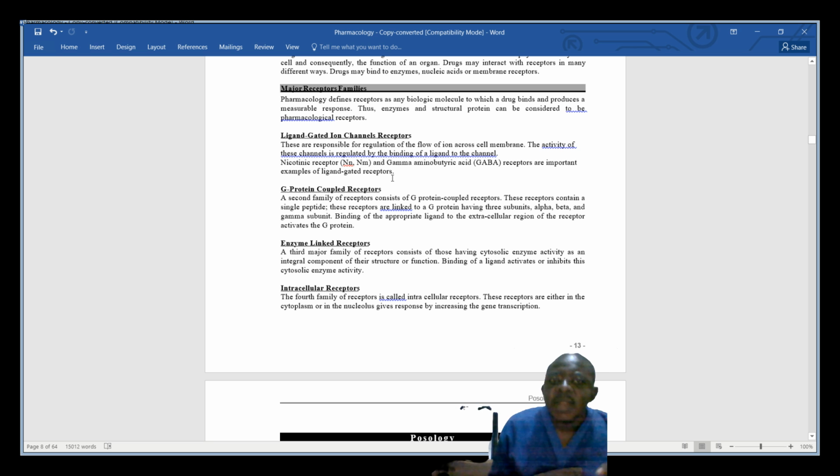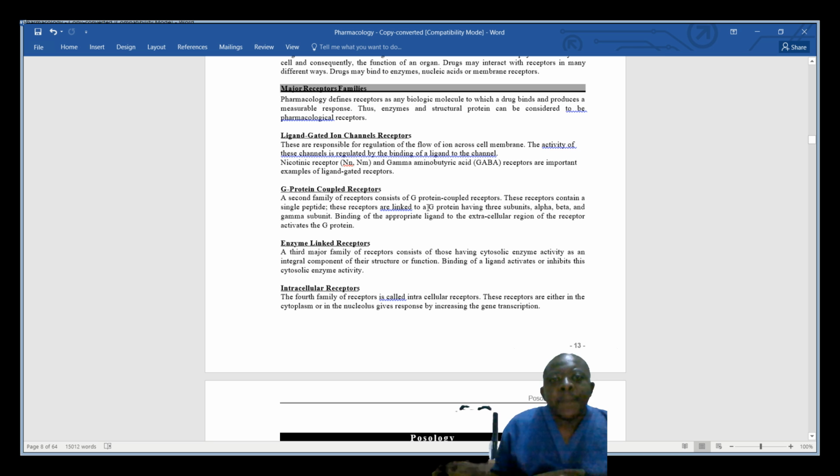So when we talk about ligand-gated ion channel receptors, we are looking at receptors responsible for the regulation of the flow of ions across the cell membrane. The activity of these channels is regulated by the binding of ligands to the channel. So nicotinic receptors and GABA receptors are important examples of ligand-gated ion channel receptors.